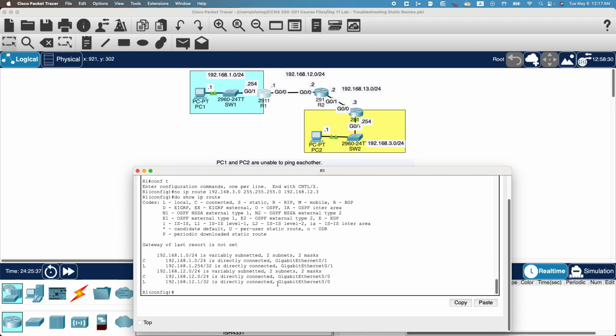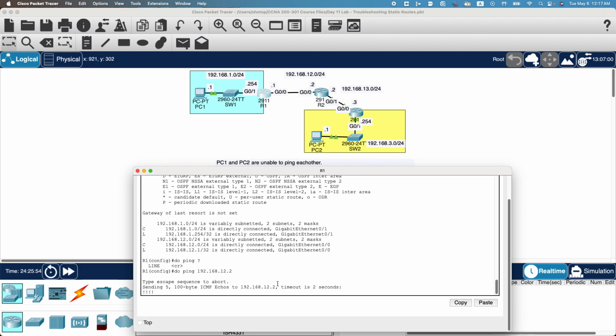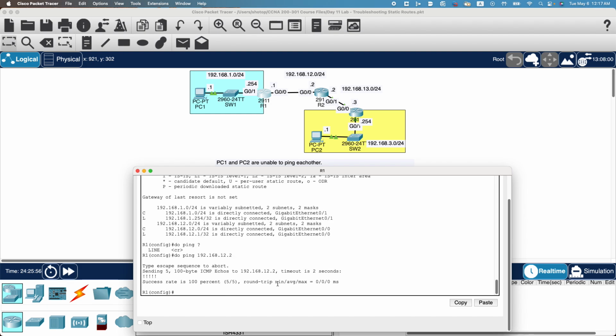Can R1 still ping R2? Do ping 192.168.12.2. It can. All right.